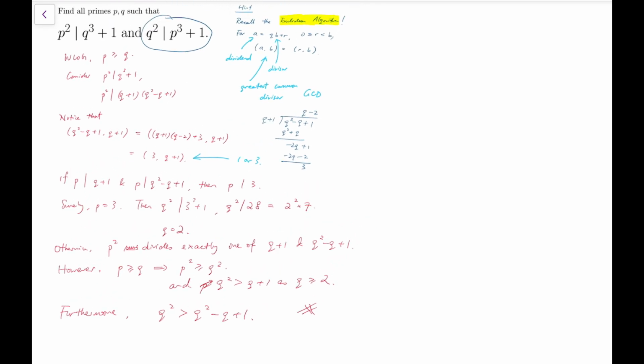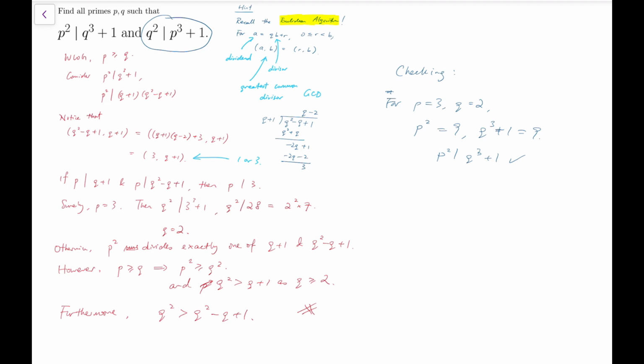So let's check before we end. p squared equals 9, q cubed plus 1 equals 9. So p squared divides q cubed plus 1, check.